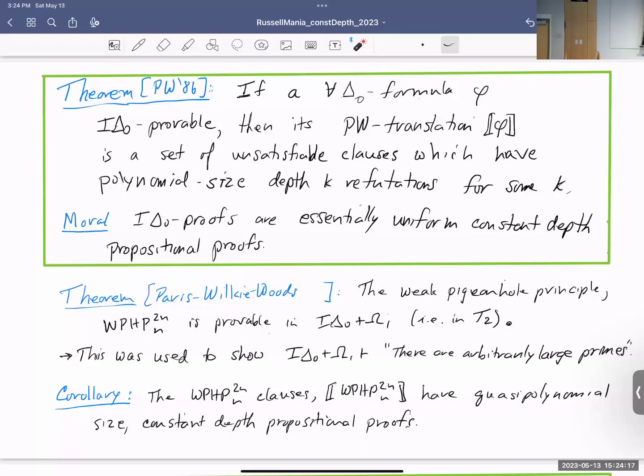The point being that the proof is finite, so it has finitely many formulas. So there's some upper bound k on the alternations of quantifiers. You translate the lines in the proof to propositional formulas. You translate the induction axioms to long strings of cuts, and you put it together and you get a propositional proof that's polynomial size.